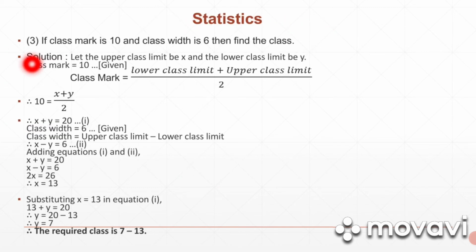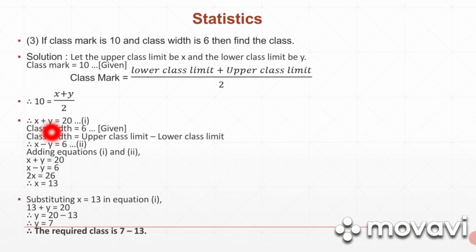Let us solve question number 3. If class mark is 10 and the class width is 6, then find the class. Solution. Let the upper class limit be x and the lower class limit be y. Class mark is equal to 10, which is given. Using the formula, class mark is equal to (lower class limit plus upper class limit) upon 2, we get 10 is equal to (x plus y) upon 2.